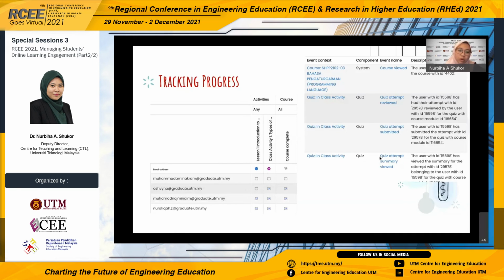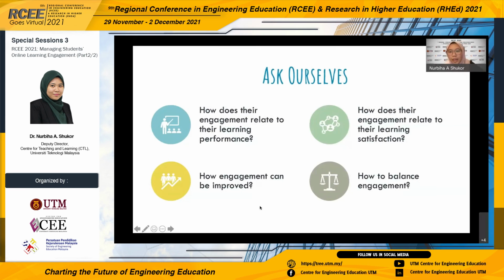Okay, try to make it a habit that you monitor their progress. Even though this may not happen entirely live in real time, try to monitor this in the system, track their progress, monitor their engagement. And finally, ask ourselves, when we want to engage our students, try to identify how does their engagement relate to their learning performance.